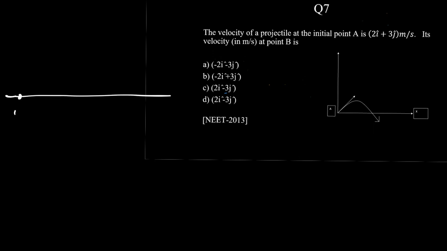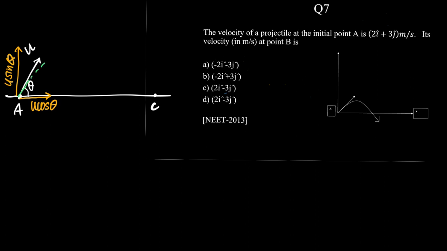The point of projection is A, it reaches C, it is projected with velocity u at an angle theta. The moment I say this, I know this component would be u cos theta, and this component would be u sine theta.